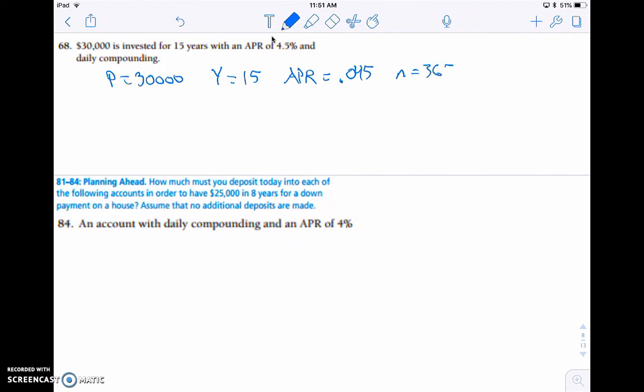So this time we have 365 days, so our number of times compounding is 365. So the amount is going to be the principal, $30,000, times 1 plus 0.045 over 365, raised to the 365 times 15 power.